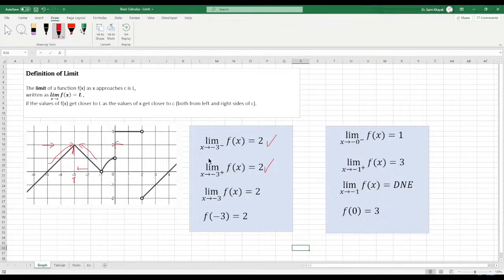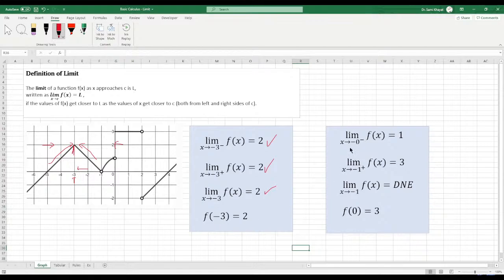Now, what is the limit of x approaching -3? I look first at the left side, which gives me 2. From the right side, 2. Therefore, the limit of x approaching -3 is equal to 2. Okay, what is the value of the function at -3? It is also 2.